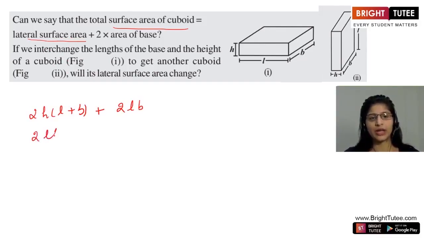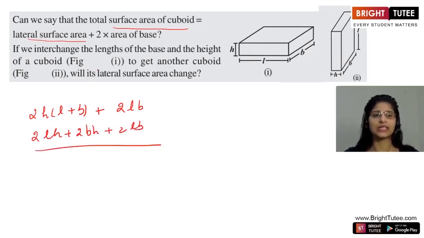Right, and from here 2LH plus 2BH plus 2LB, and this is total surface area. So yes, we can say that total surface area of the cuboid can be written as lateral surface area plus 2 times area of the base. Right, why 2 times? Because of the roof and the bottom we are looking at.